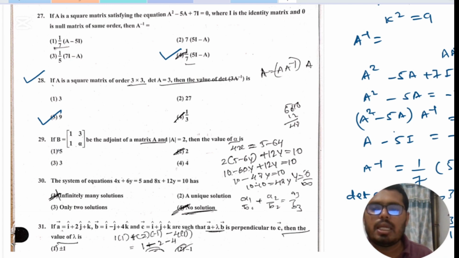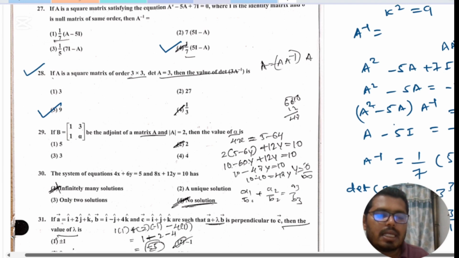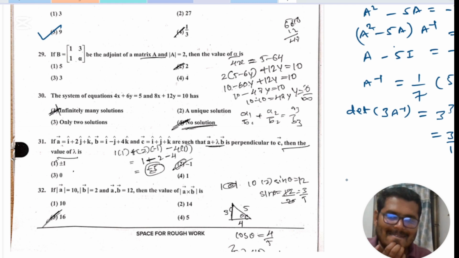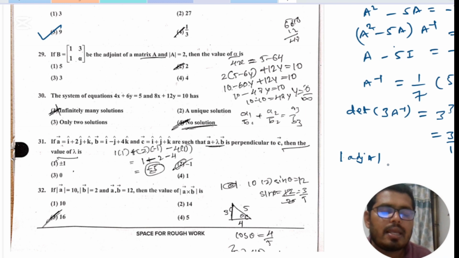Okay, next, if B, with entries 1, 3, 1, alpha, is the adjoint of the matrix A and determinant of A is 2, then the value of alpha is. They have asked the value of alpha. We know the one relation between the adjoint of A and determinant of A. The determinant of adjoint of A is equal to determinant of A, it is of order 2 by 2.